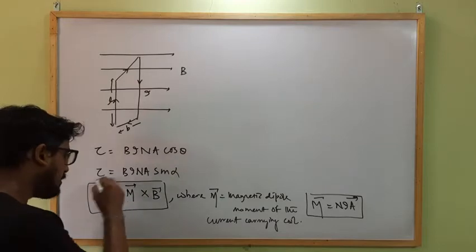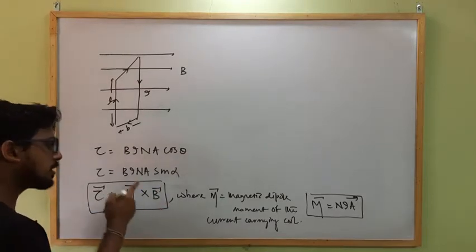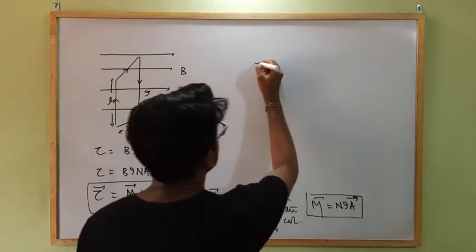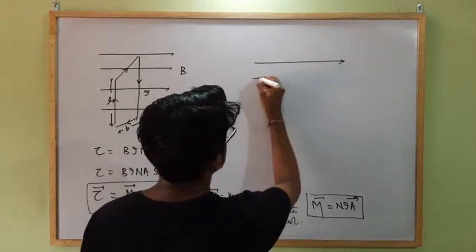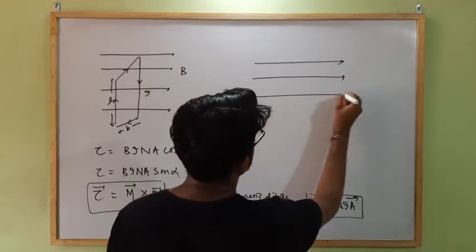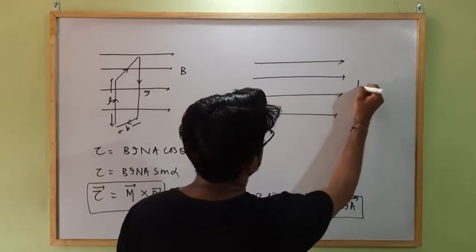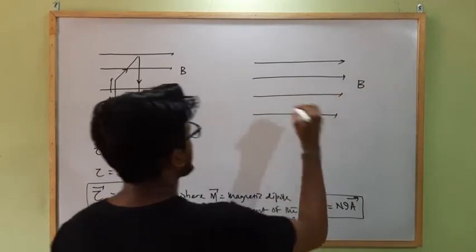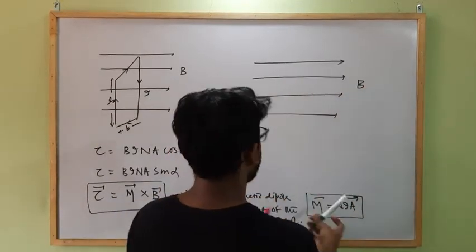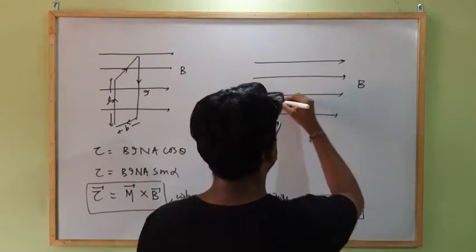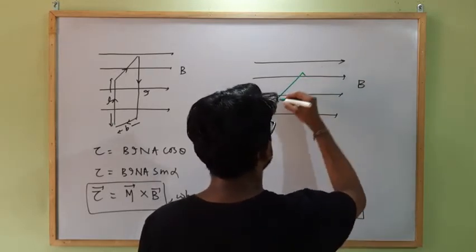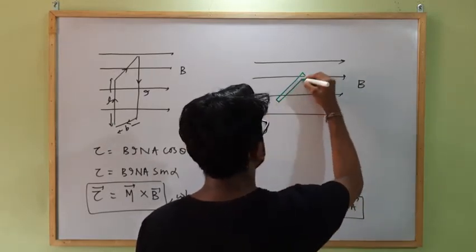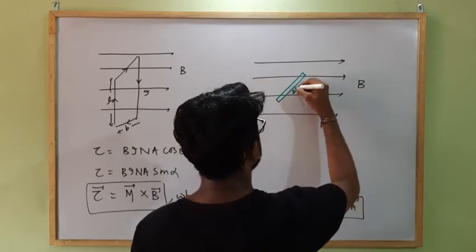Just remember, this expression is the same as what we studied in classical magnetism, that is, when there is an external magnetic field in horizontal direction of strength B and we place a magnetic dipole or bar magnet within this plane of length 2L.